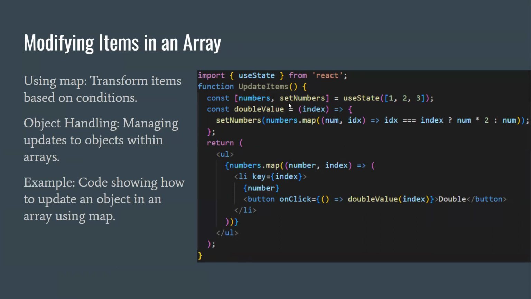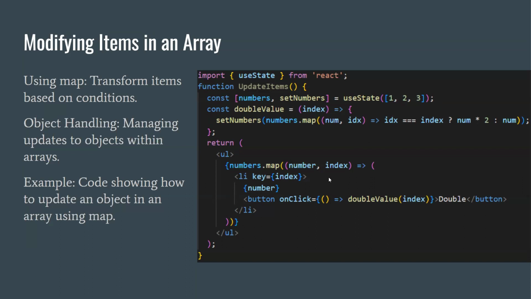Here's another example. We have an update items component, and we have this numbers state, which has a state of an array that has values 1, 2, 3.